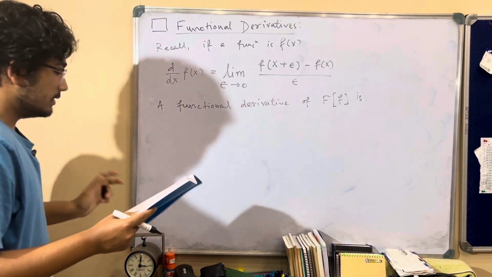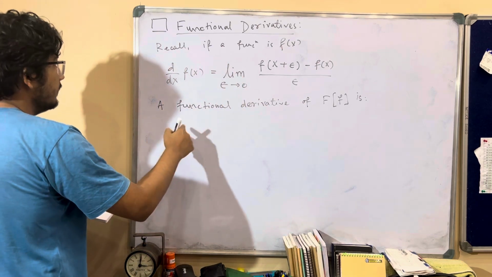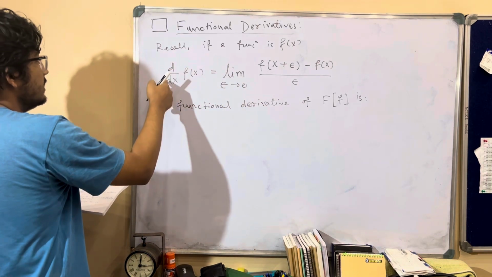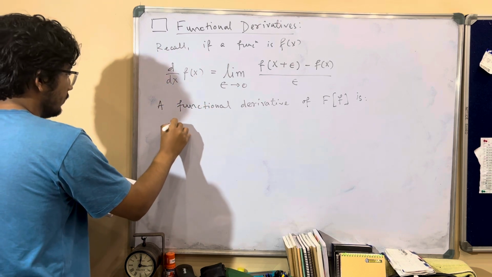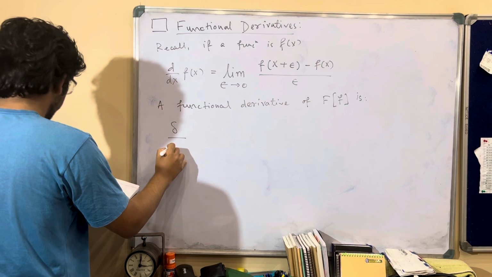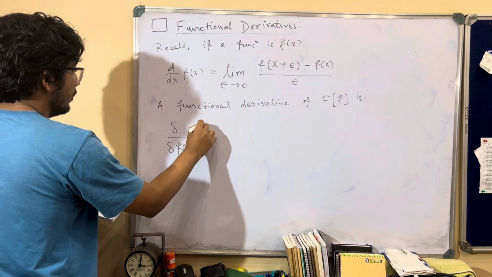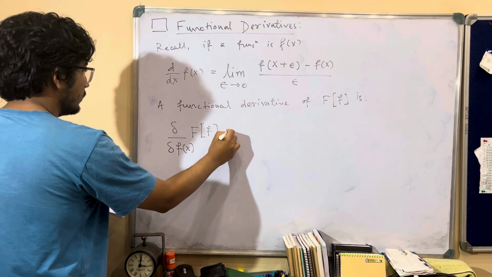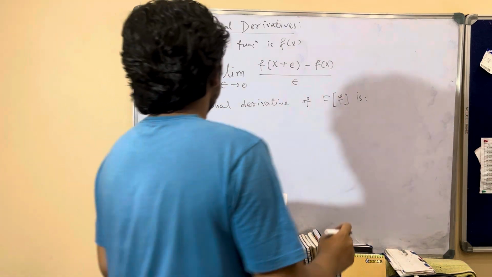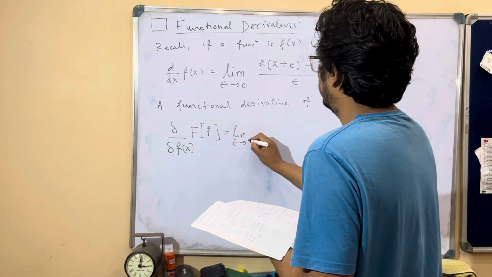It is the same thing, but in the definition we won't be using this sign d over dx. We will be using a slightly curly delta, this thing. The definition is as follows.